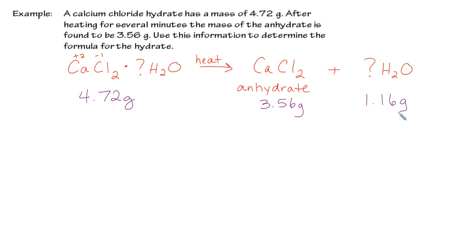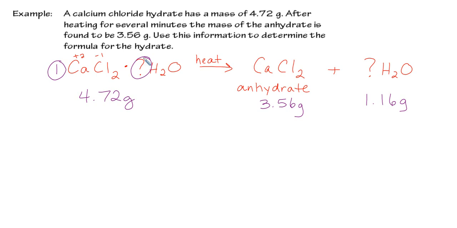All right, so now we're going to look for the empirical formula. What I'm really looking for is this ratio. For every one calcium chloride molecule, or unit, I could say, how many water molecules are there? So it's a little bit different than the empirical formulas, where I was looking for a ratio between atoms and elements within a compound.